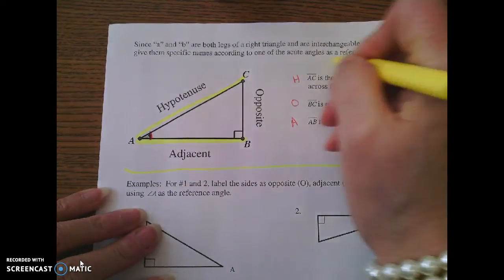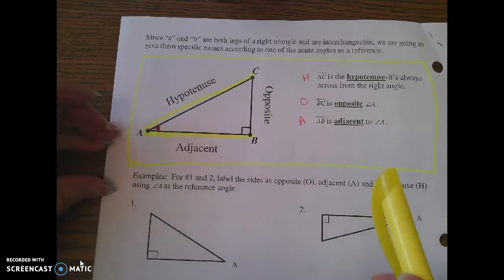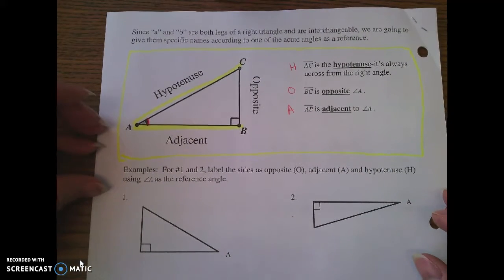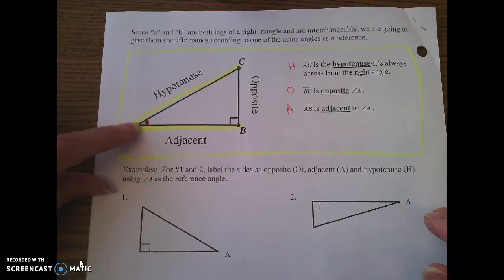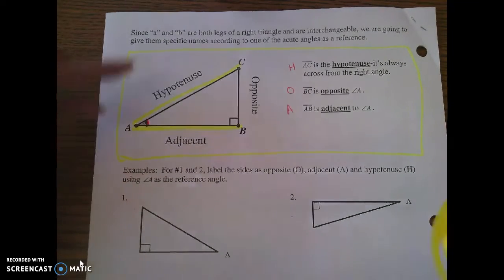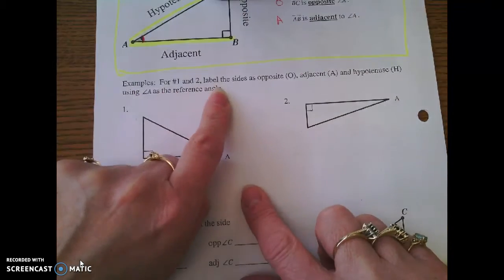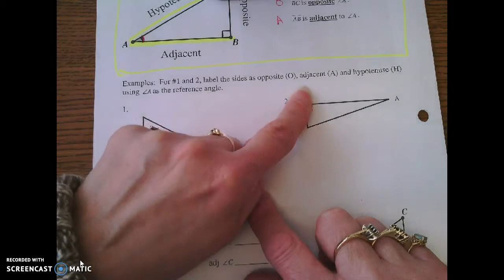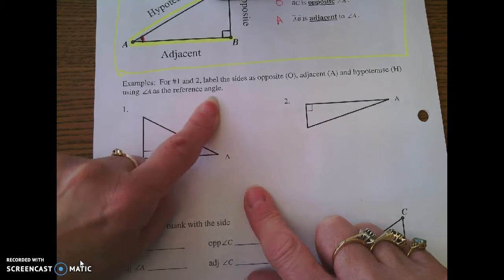All right, so this is extremely important. The rest of the unit depends on your skill of being able to identify which side's the hypotenuse, which side's opposite, and which side's adjacent to a given angle. The angle that you're going to be told to look at. That is huge. So for examples 1 and 2, label the sides opposite, O, adjacent, A, and hypotenuse, H, using angle A as the reference.